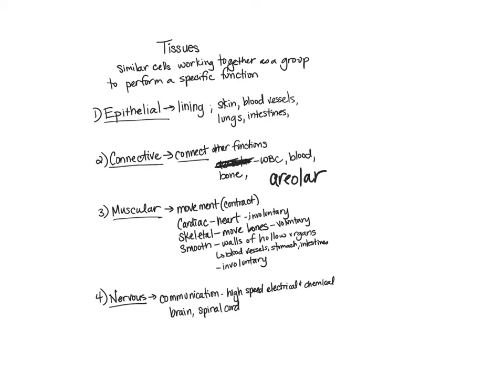Sorry about that. Also blood and bone, and we're going to talk about the specifics of each of these. So right now, what you need to know are these four general tissue types, their functions, which we mentioned, lining, connecting, movement, and communication, and some of the examples that I gave.